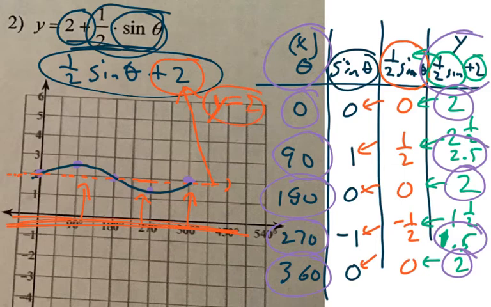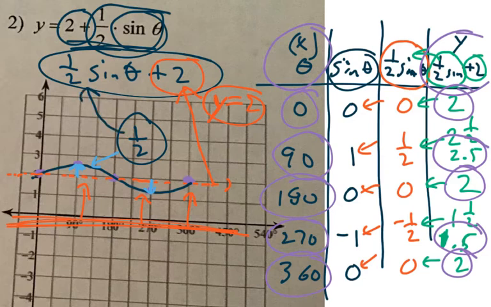Now, notice, guys, from the midline, it just goes up a little bit. Over here, it goes down a little bit from the midline. Those are your max and min values, right? How much is that quantity? Well, from 2 to 2.5 is 1/2. Where can we see it in the equation?